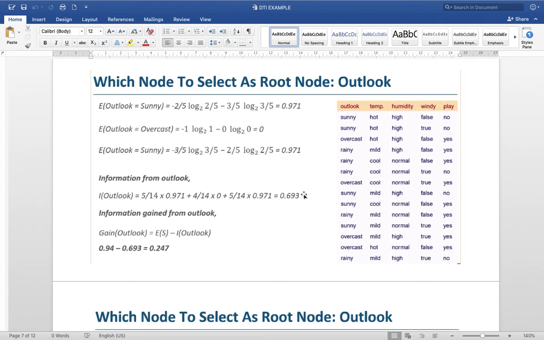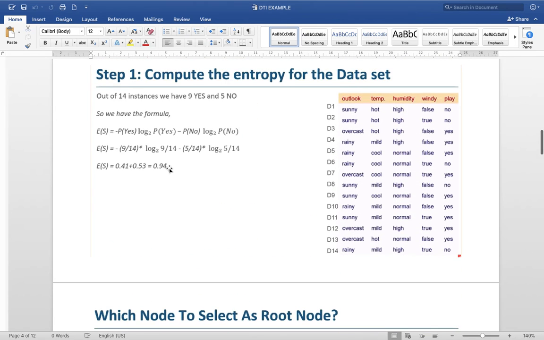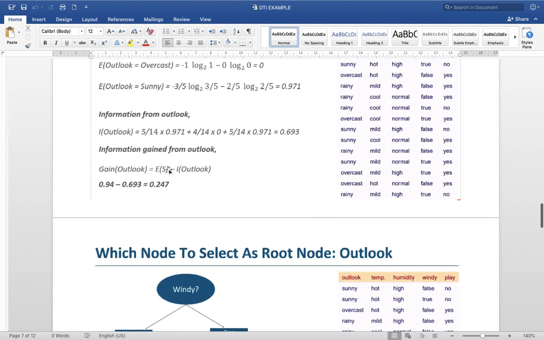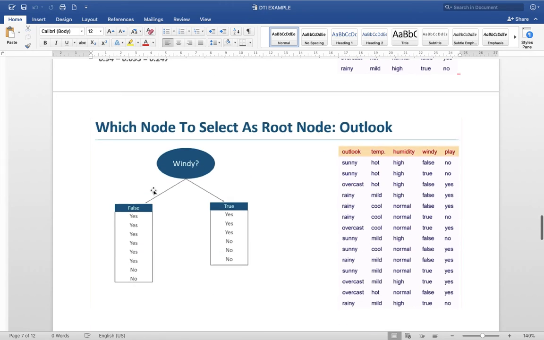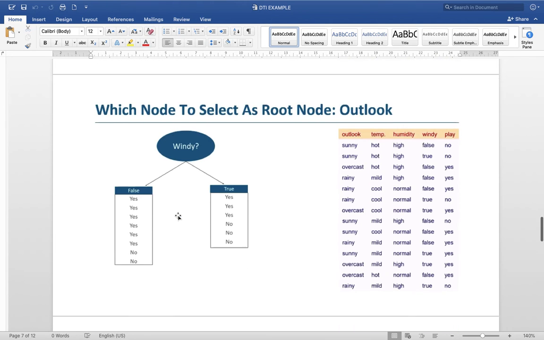So this is 0.693. So what is the overall gain? Total entropy minus this, so this is 0.247. The same we will find for windy, humidity and temperature also.